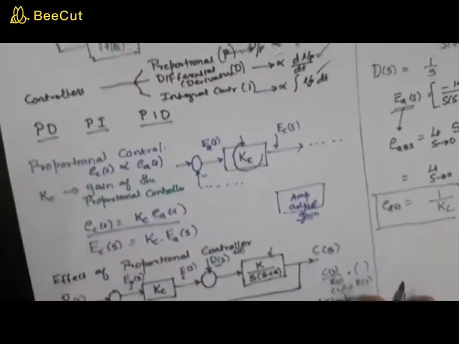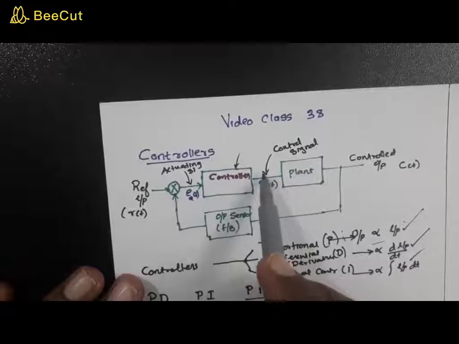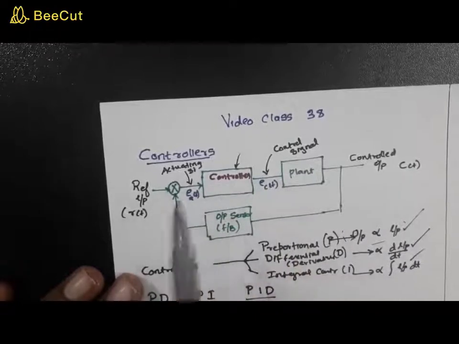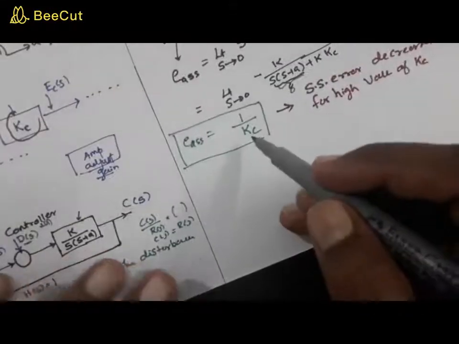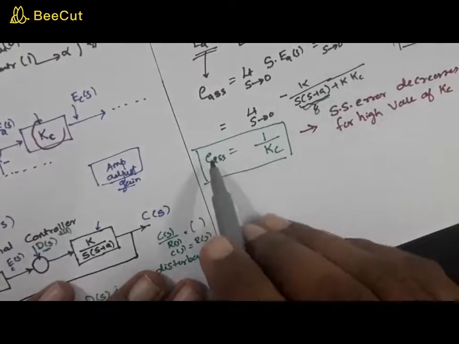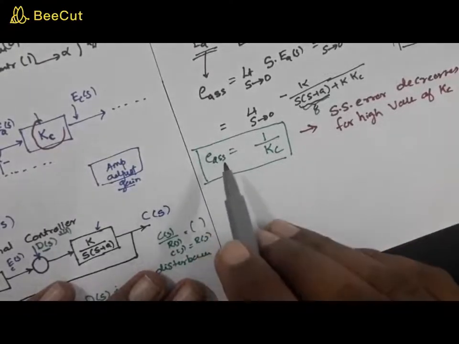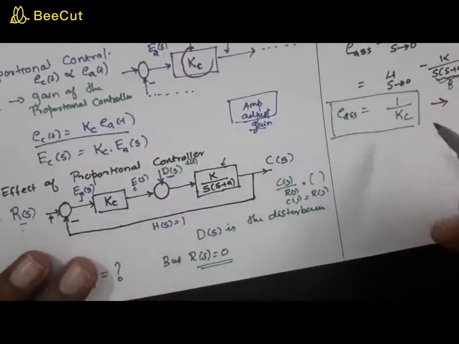What is the meaning of a proportional controller? It gives an output proportional to the error signal, based on the controller gain, which is given by Kc. Now if you choose a high value of Kc, what this expression suggests is that the steady state error due to the disturbance can be reduced or minimized if you have high gain.